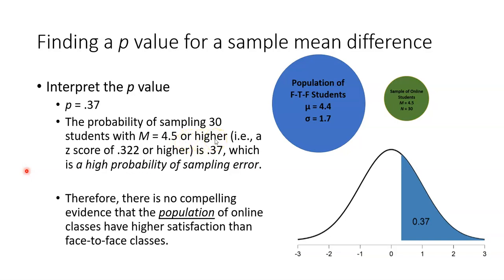Another way of saying that, it's the probability of getting a z-score of 0.32 or higher. That probability is 0.37. So basically, about a third of the time, you would get this result simply due to sampling error. That's a pretty high probability, a pretty high possibility that it would be due to sampling error.